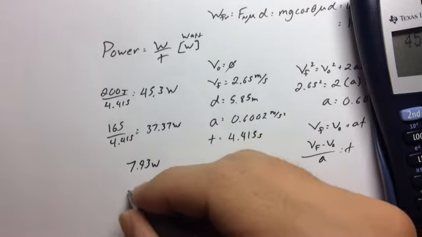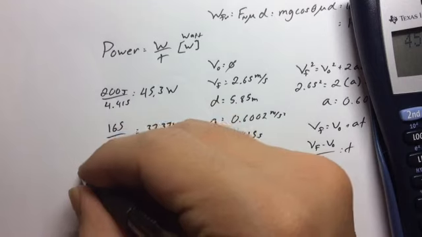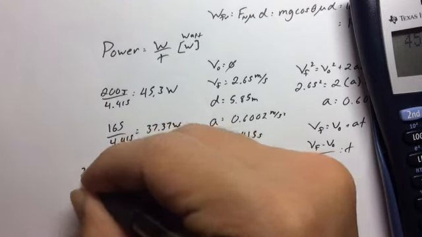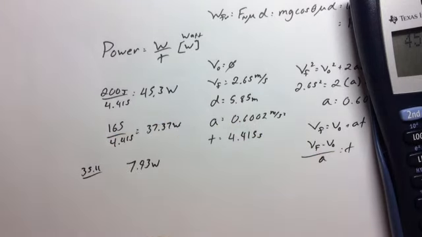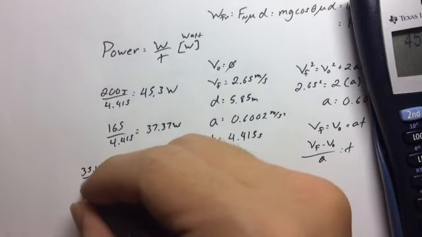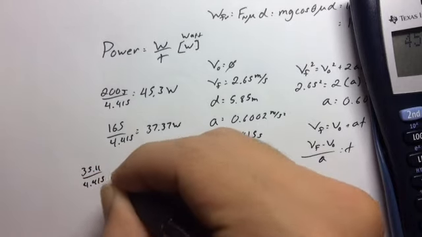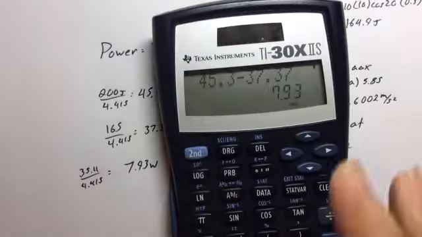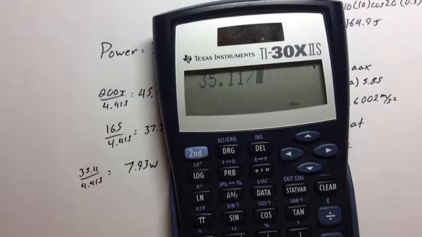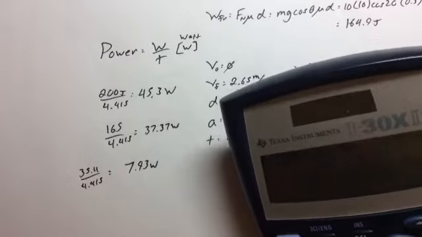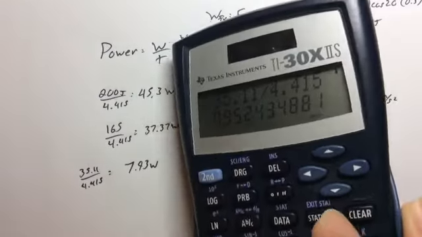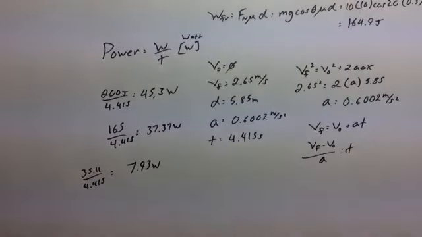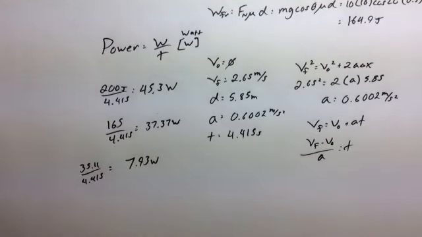And hopefully, if we take our last number, 35.11 joules, because that's how much kinetic energy it got at the end, right? Divide that by 4.415, hopefully that's equal. 35.11 divided by 4.415 equals 7.9. A little bit of rounding there, but there you go, 7.9 watts.